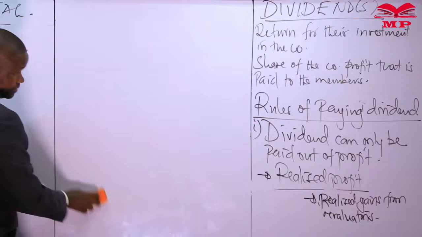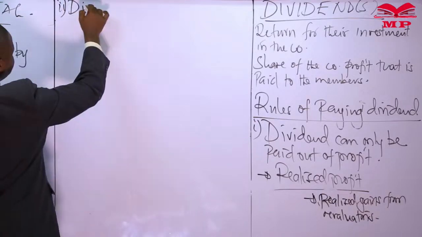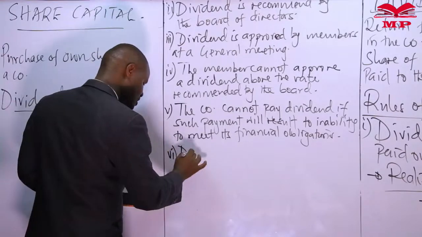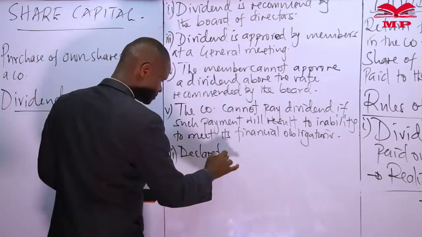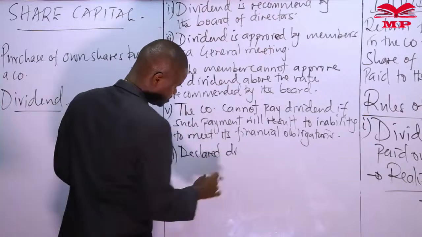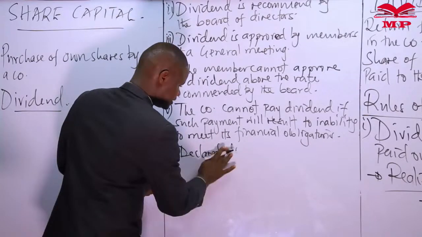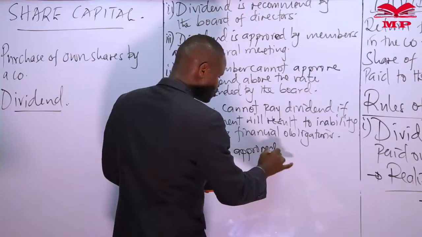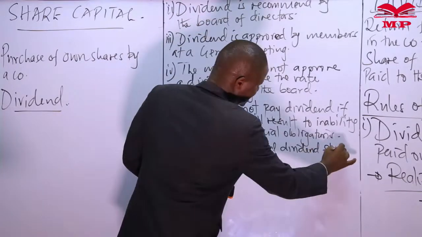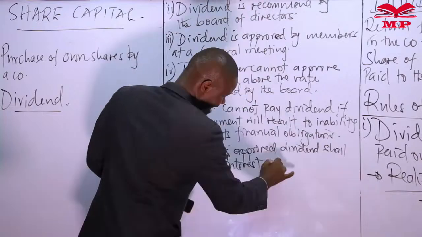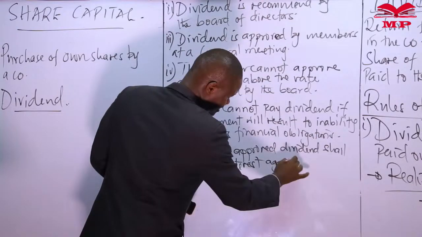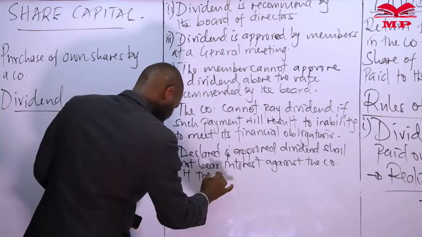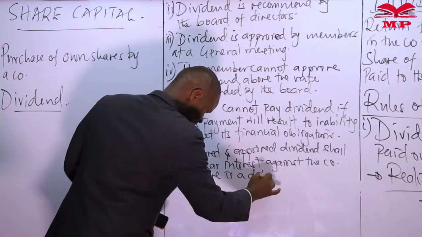The other rule is that declared and approved dividends become a debt against the company if there is a delay in payment.